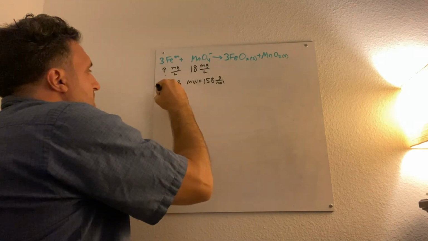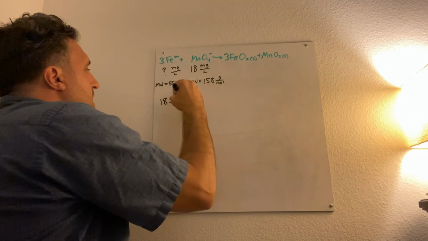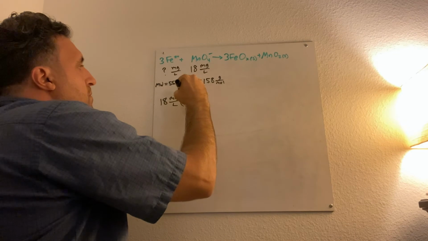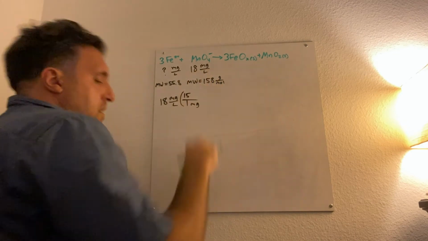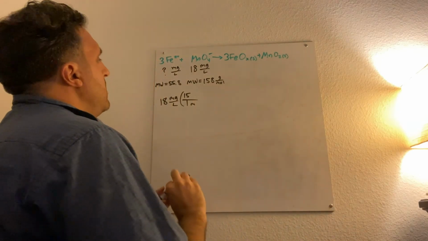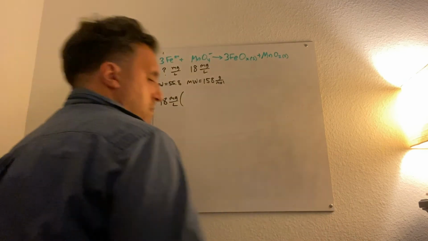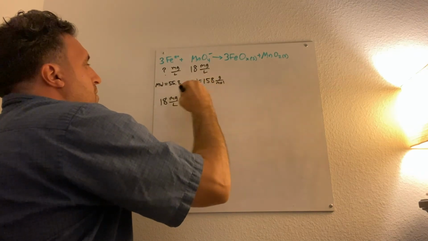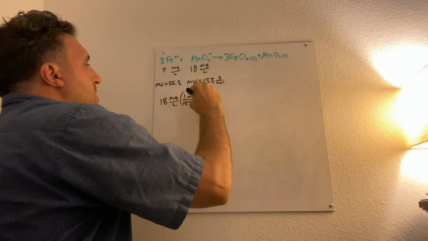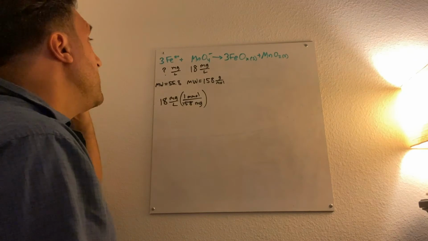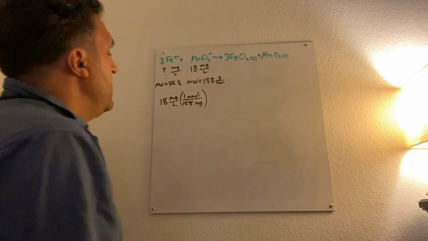All right, so we start with the 18 milligrams per liter. 1 millimole per 158 milligrams. So 1 millimole goes on the top per 158 milligrams. Now we have millimoles of permanganate. The molar relationship is 1-to-3.